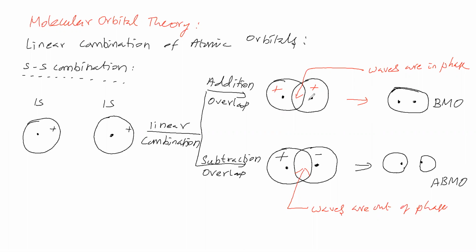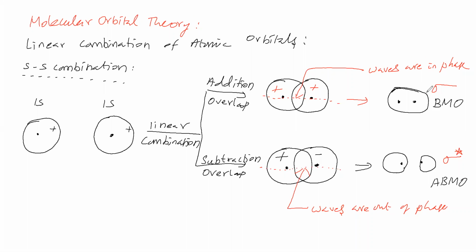Now, here the overlap takes place along the internuclear axis. Therefore, this molecular orbital is a sigma molecular orbital. Here also overlapping takes place along the internuclear axis, therefore this molecular orbital is a sigma star molecular orbital. Sigma star means antibonding.